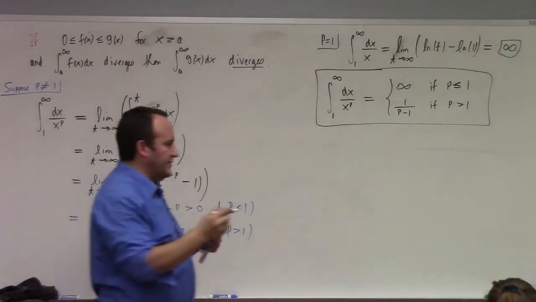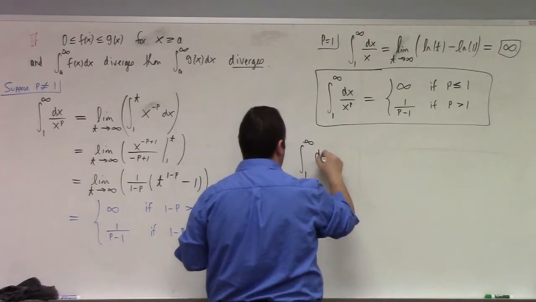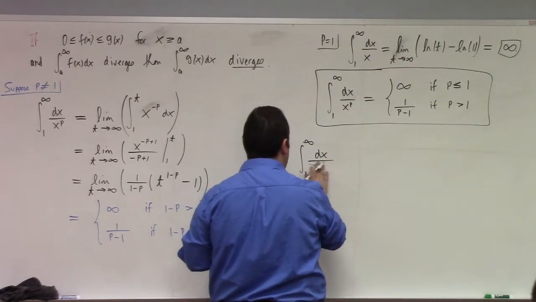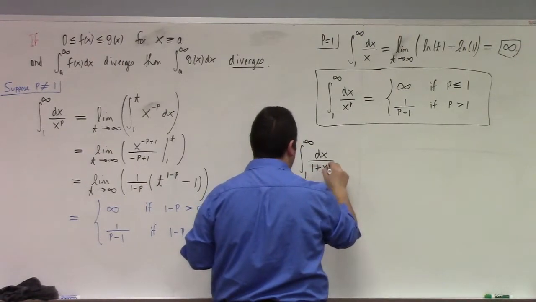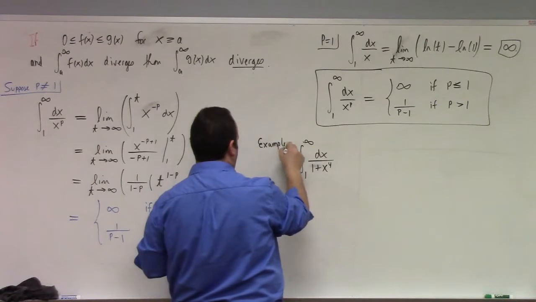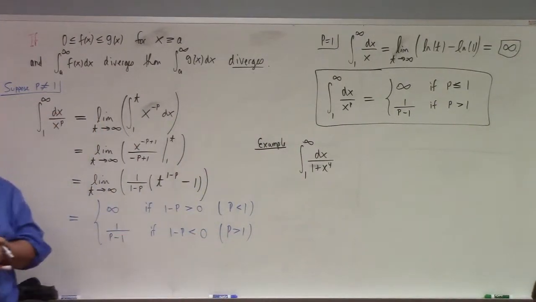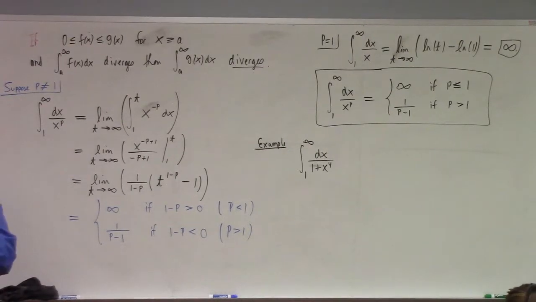So one of the ones we looked at earlier, the integral from 1 to infinity of dx over 1 plus x to the fourth, right? What do you think? Do you want to calculate this directly?